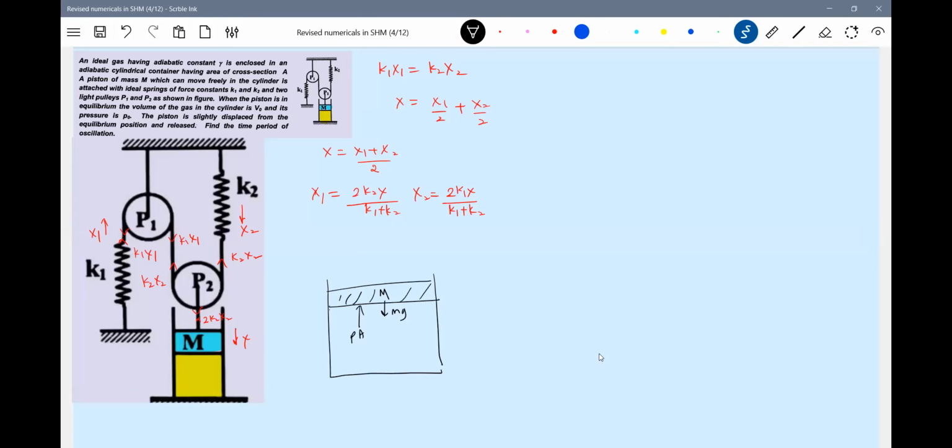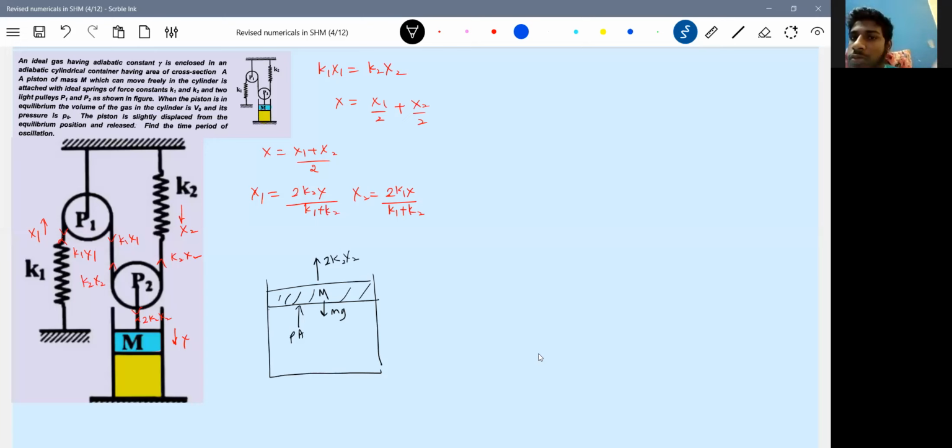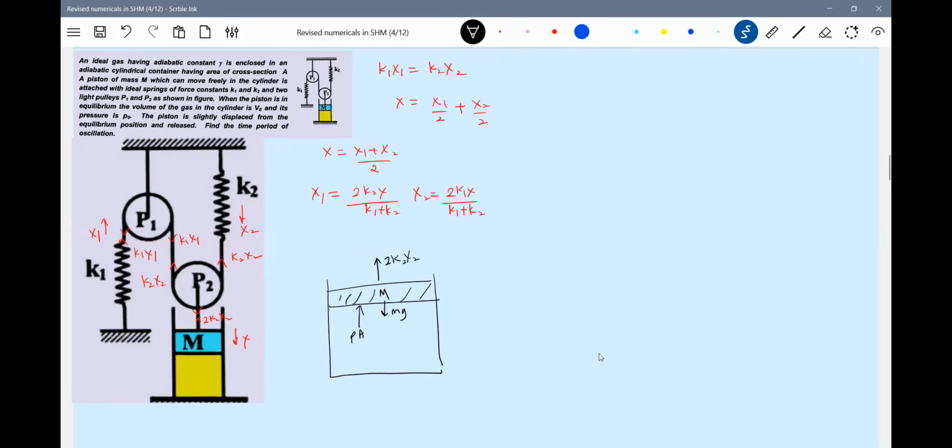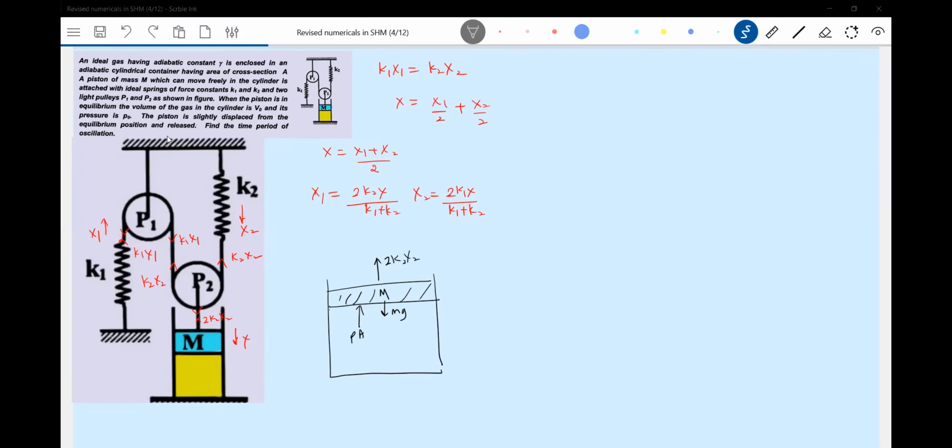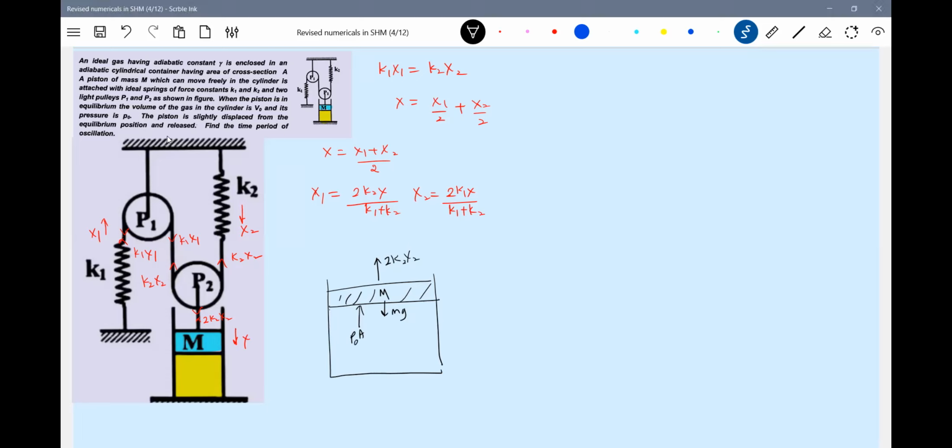Then the tension in the string, how much will it be? 2 k2 x2. When the piston is in equilibrium, the volume of gas in the cylinder is V0 and its pressure is P0. Okay, this much I think we can write it here.